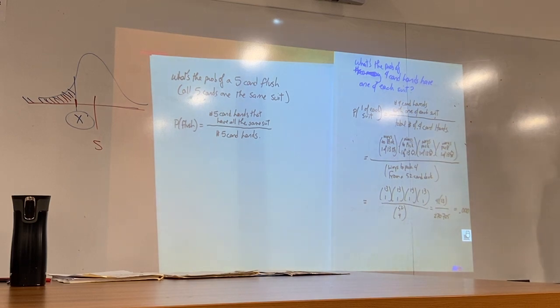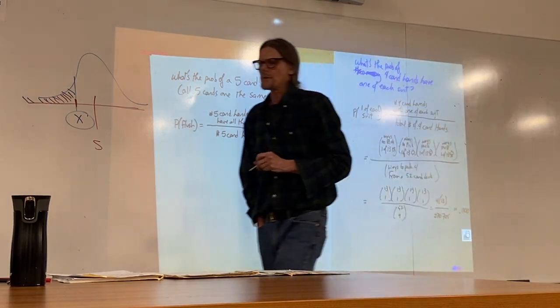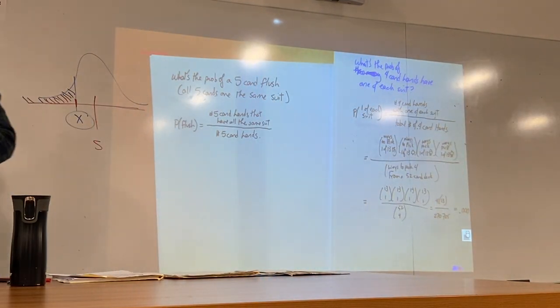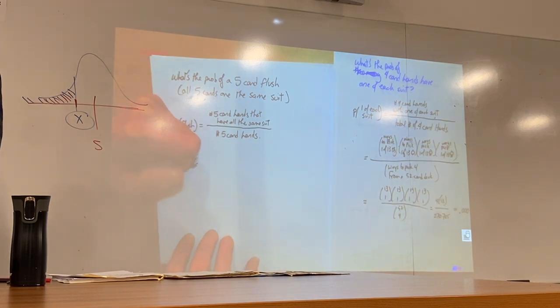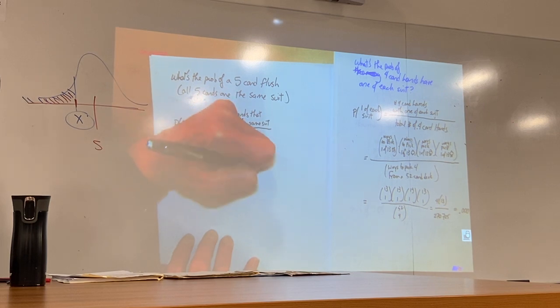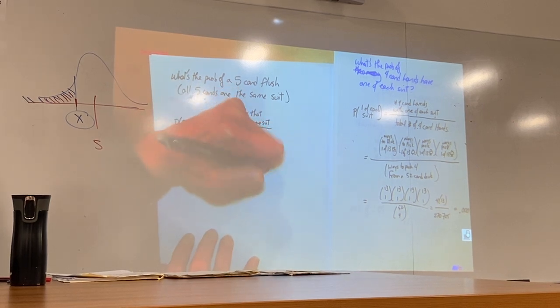4 times, right? Because when we say the flush, that's the probability that they're all hearts, plus the probability they're all diamonds, right? Plus the probability they're all clubs, right? Last but not least, the probability they're all spades, right?